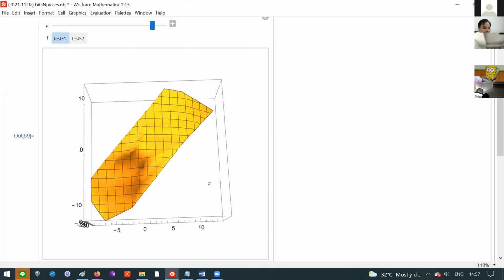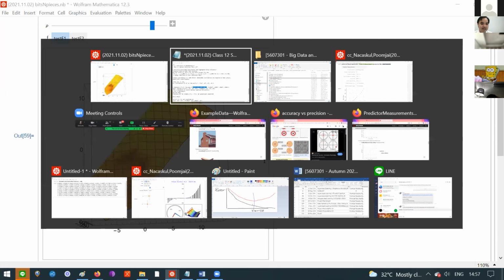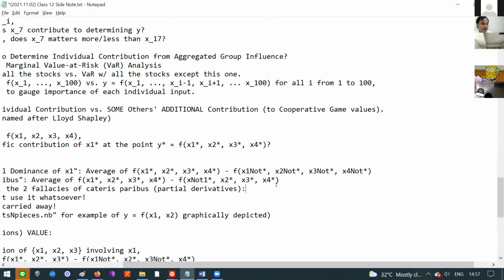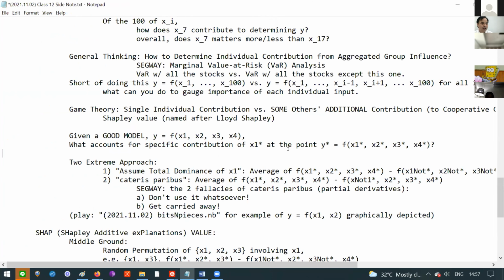All right. Remember the game theory? You have two extremes, right? Calculate individual impact by assuming everybody's the same and you're there, you're not. Or just comparing two different data sets. They're both silly.